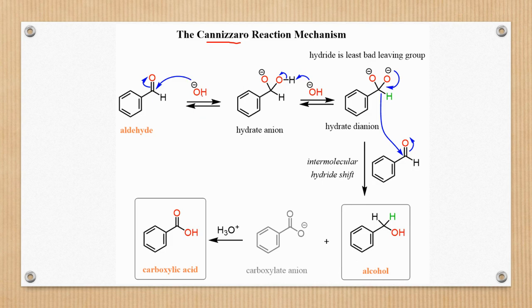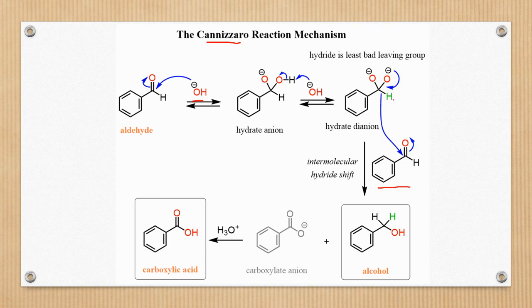First of all, base will attack the carbonyl carbon as a nucleophile and form a hydrate anion. After that, a second molecule of base will abstract a proton from OH, generating a dianion, and this anion will attack the second molecule of this benzaldehyde.